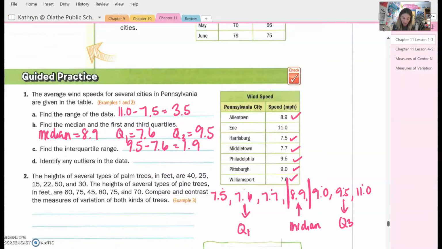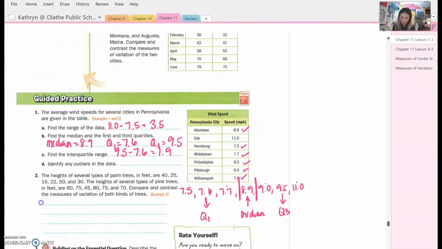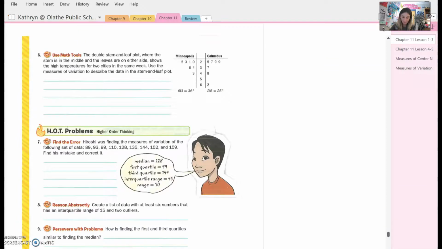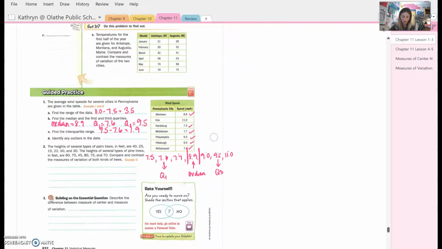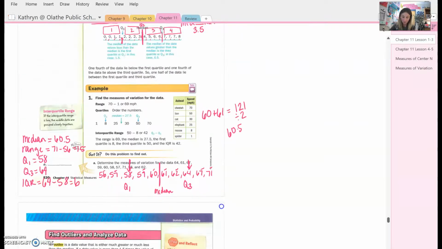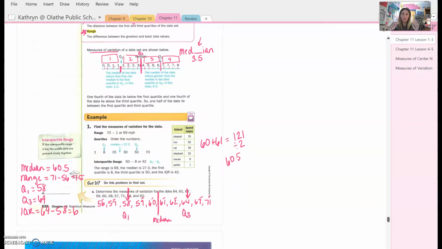We will come back to this to take a look at some outliers. But right now, what you need to know is all of this information about finding your median. Quartile 1 is finding the median of your first set of data, so finding the middle number of the first half, and then your quartile 3 is just finding the median of that second half.